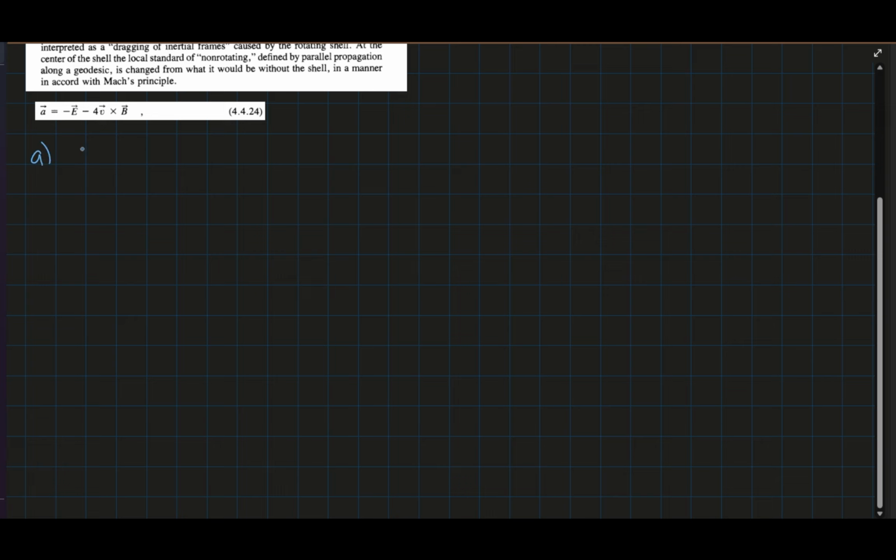So for part A, let's start by writing down our assumptions. We're still looking at linearized gravity. The main difference from what's done in the text is that we're considering the lowest order contributions from the motion of the sources.